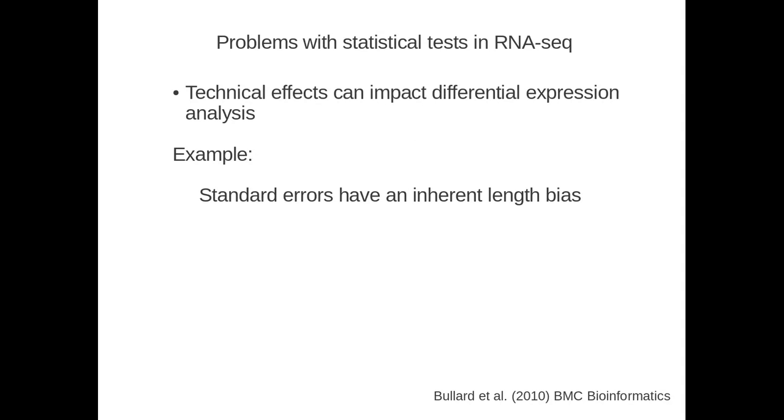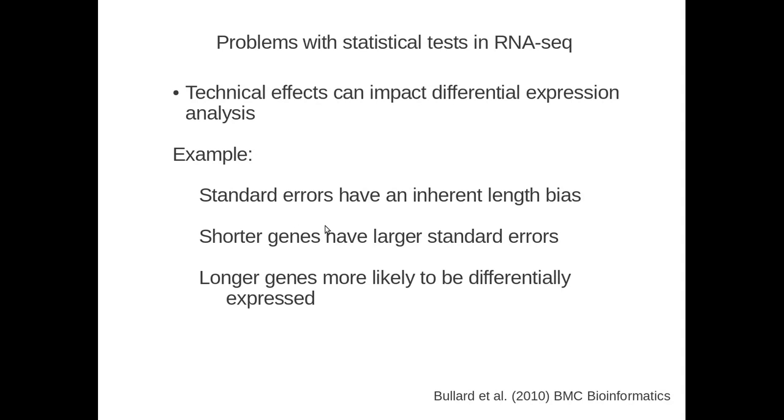So one of the problems, as pointed out in this paper that I posted by Bullard et al., is that standard errors of our estimates in read counts have an inherent length bias, where short genes have larger standard errors than longer genes, and as a consequence, longer genes are more likely to be inferred.